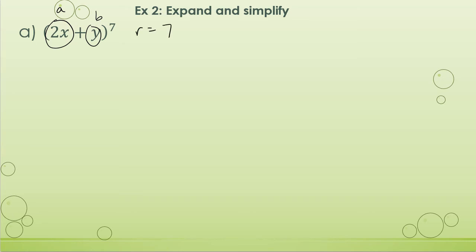Your r value is 7. So we are going to go to row 7 of Pascal's triangle, which gives us 1, 7, 21, 35, 35, 21, 7, 1.